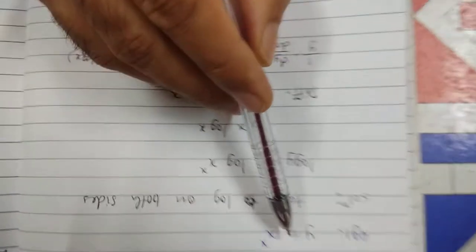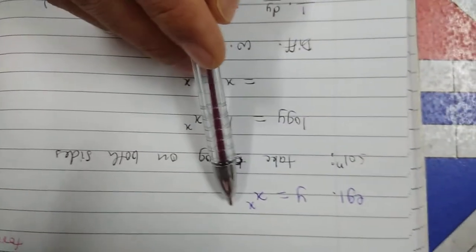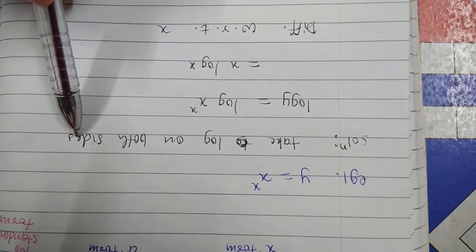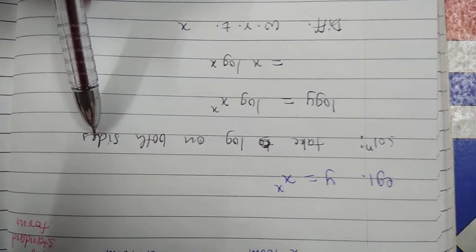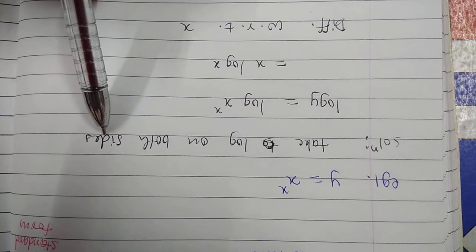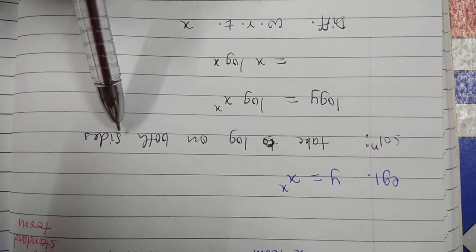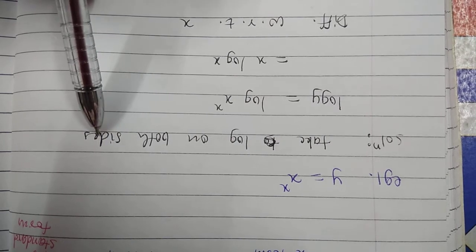So now we will see our first example, y is equal to x raised to x. So here we will take log on both sides. After taking log, you will see that the problem will be very simple to solve. And if you don't take log, then there is no other way to differentiate this problem.